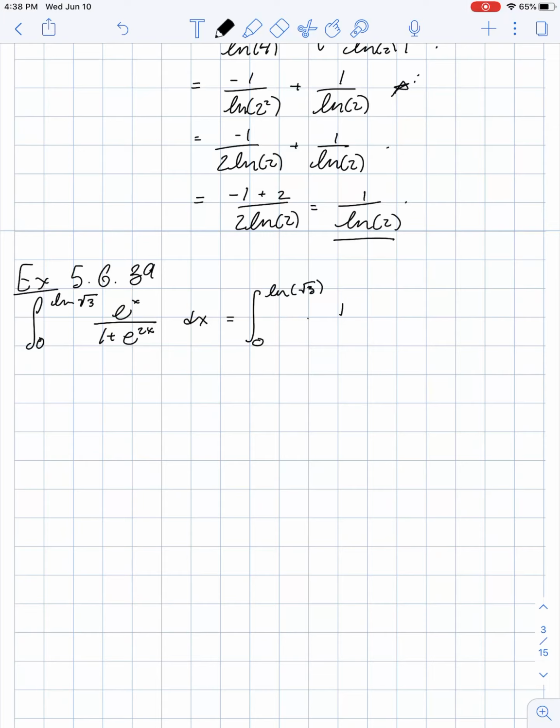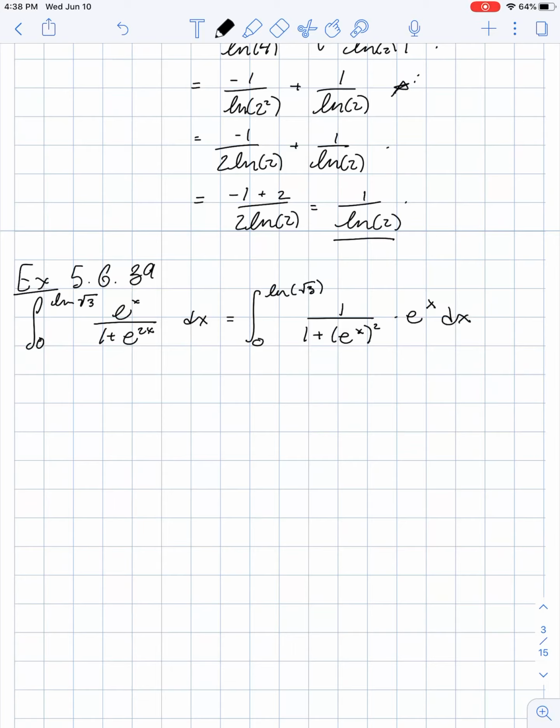I'm going to write it as 1 over 1 plus e to the x squared times e to the x dx. All right, so I just rewrote the integral. I did nothing with u. I just rewrote it, thinking, I know this looks like somebody's derivative, but I'm not 100% sure.